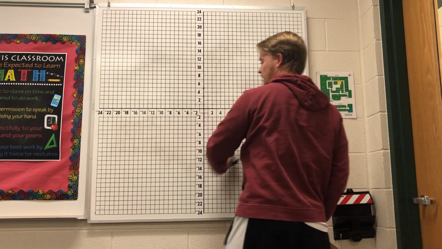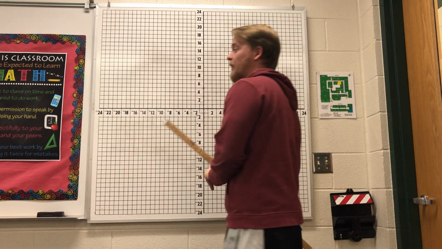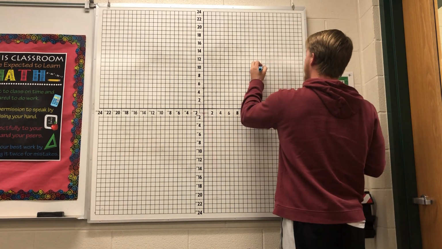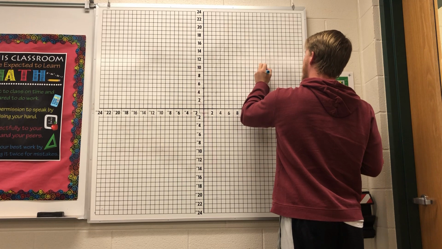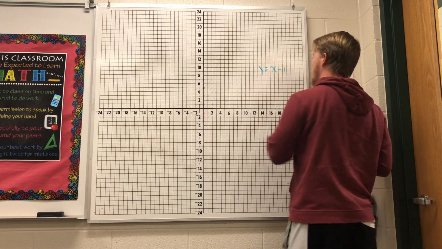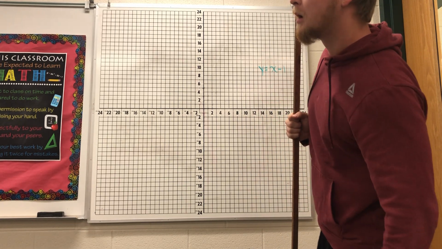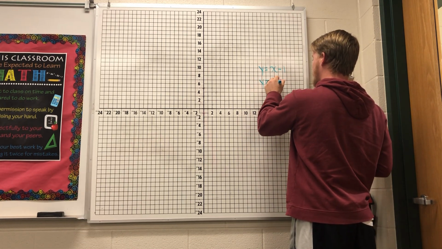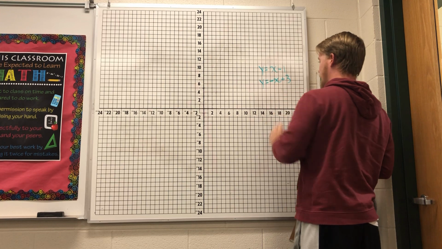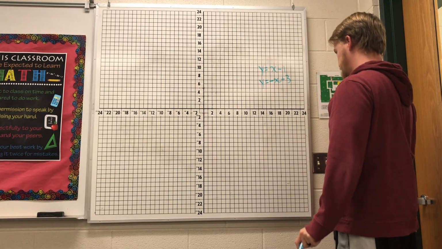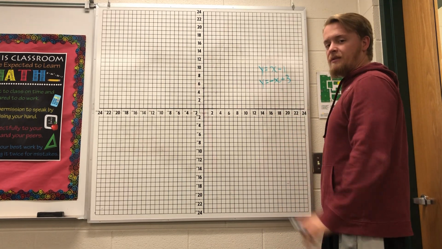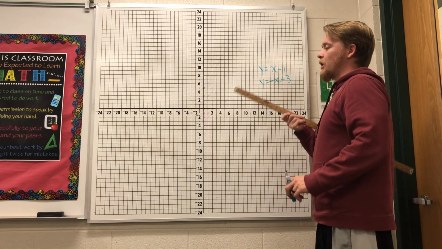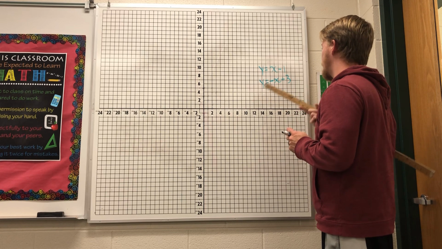The equations on this example I want you to try are y equals x minus 1 and y equals negative x plus 3. So again, pause the video, try that on your own. When you come back, let's talk about how we are going to work through this problem.